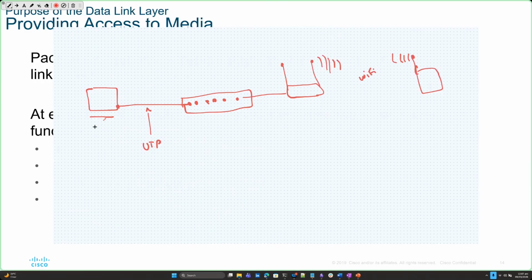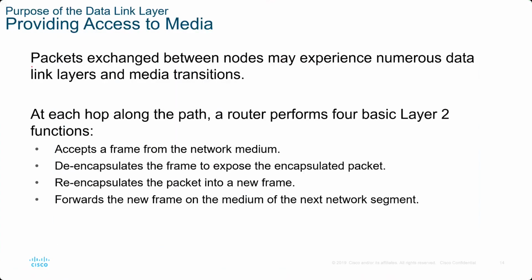and you can generate a message over here on this computer and send it all the way to your mobile phone, or vice versa. So this sentence, if you try to understand, is saying that the packet exchanged between nodes may experience numerous data link layers and media transitions.